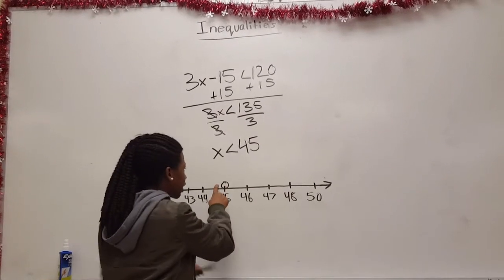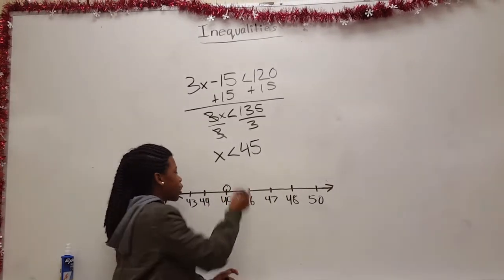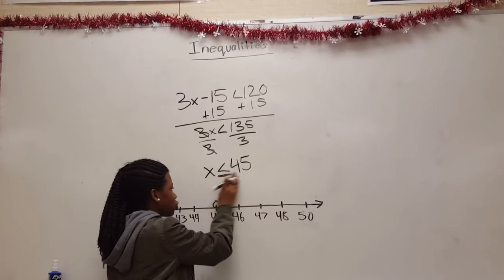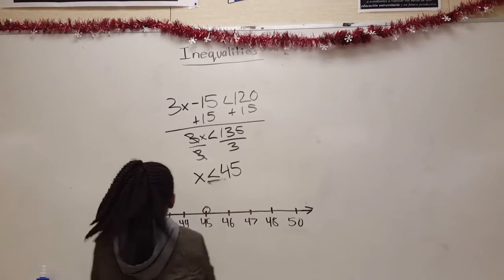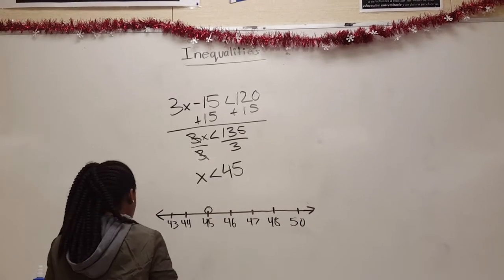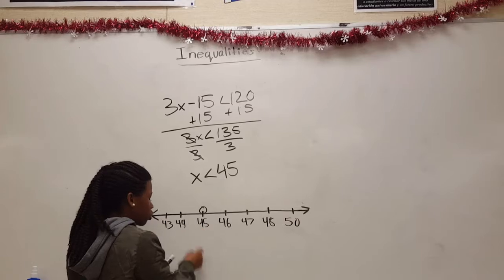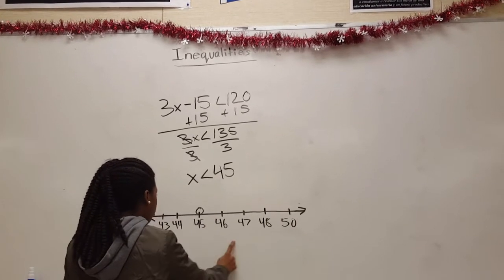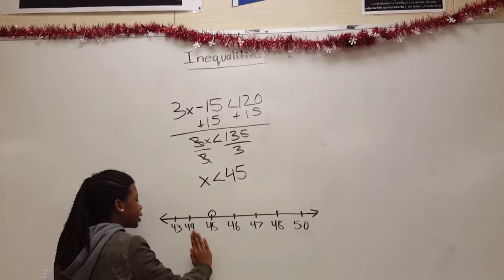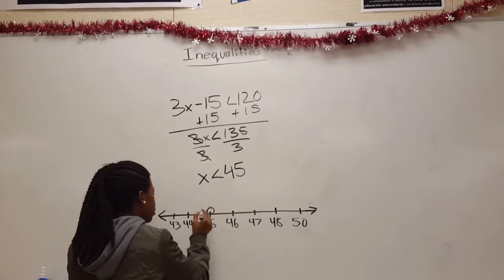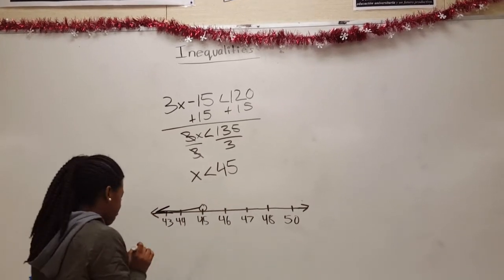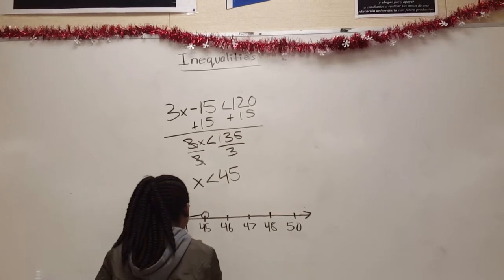But we wouldn't shade it in because in order to shade it in, it would have to be greater than or equal to. But it's not. It's just less than. So that would make an open circle, and this is called an open graph. Since the number is anything less than 45, the arrow will be pointing this way. And this is called an open graph.